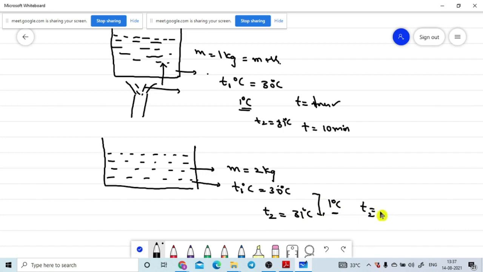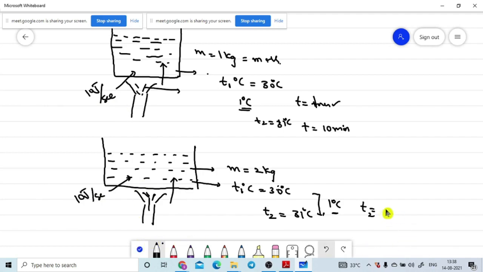This is the time taken to raise the temperature with the same uniform heating element giving energy to the system. The heating is not changed here. In the previous case the energy going in 1 second was 10 joules, so in this case also the heat energy is 10 joules per second.